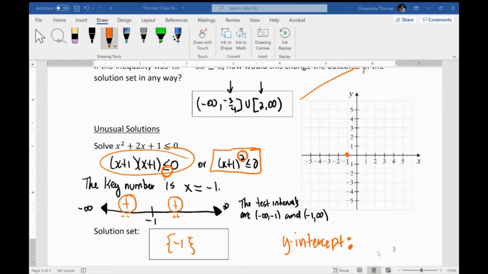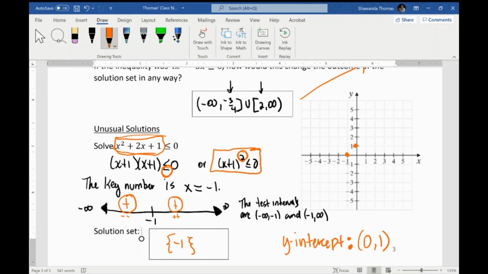We're not going to go backwards either. Maybe I need to help you out. We can use this. What's the y-intercept? 0, 1. All right, so 0, 1 is right here.